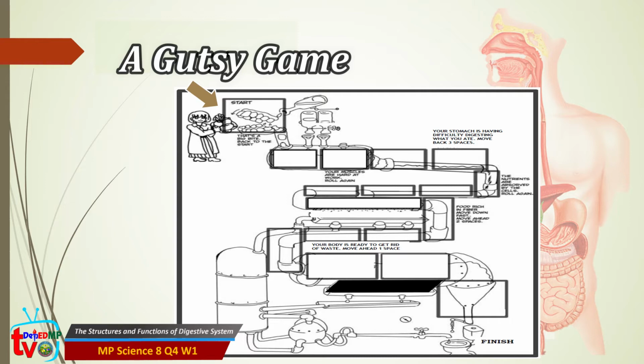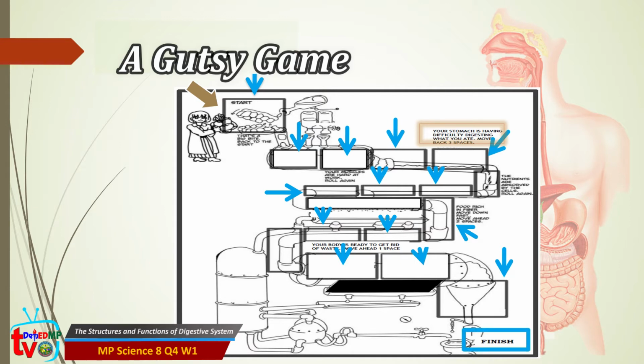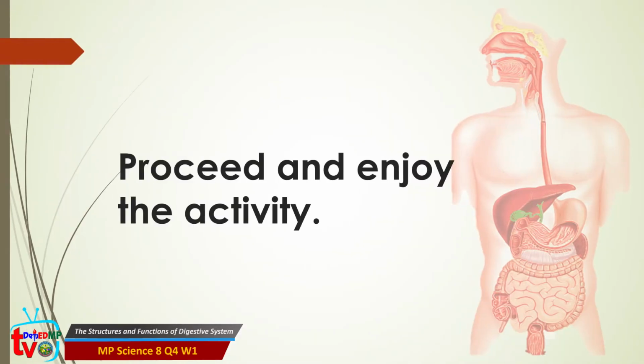Fifth, should your token land on a box with instructions beside it, execute the instruction either to continue or to go back. Sixth, the player who first makes it all the way through the digestive system and down to the finish line wins the game. Proceed and enjoy the activity.